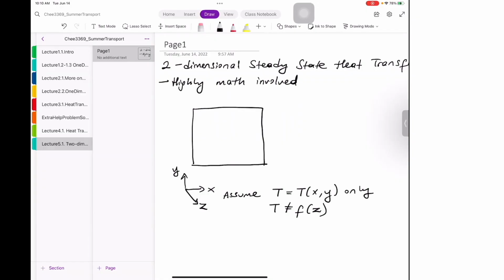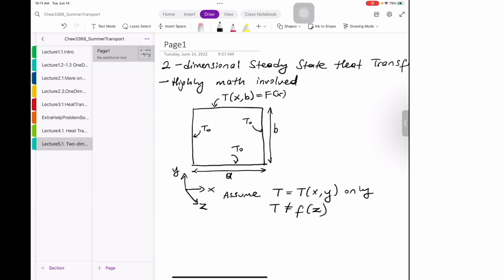Let me give you the dimensions. This is A. This is B. And this face is kept at T0. This face is kept at T0. This face is kept at T0. And this face is kept at, let's make some variation and assume that T at any x, but at y equal to B, is equal to some function f of x.